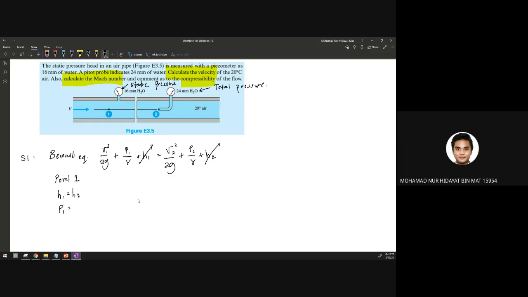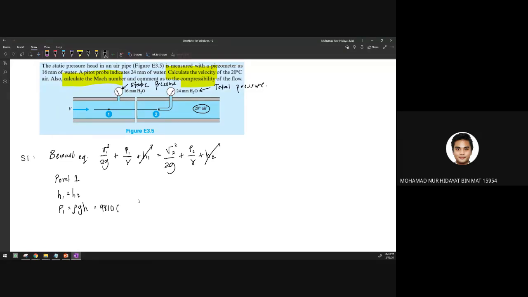This is measured in water, given the result is 16 mm, so we have to use the rho of water. When applied in the Bernoulli equation, this is in air, so we cannot consider it as water. So we apply rho g h: 9810 multiplied with h.